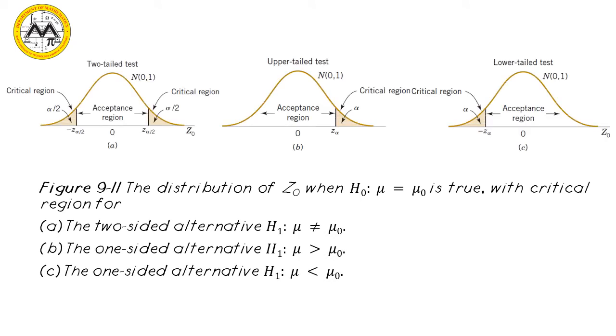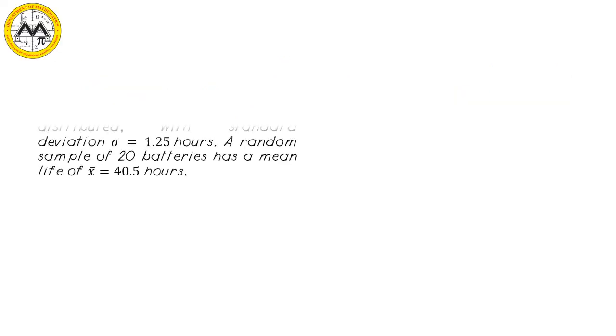This is the distribution of z when the null hypothesis mu equal to mu sub 0 is true, with the critical region for the two-sided and one-sided alternatives. Not equal is a two-tailed test, greater than is a right-tailed test, and less than is a left-tailed test.